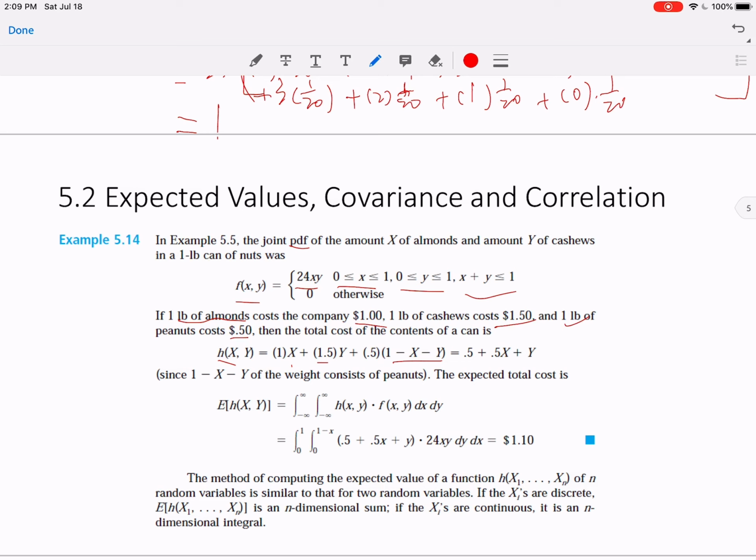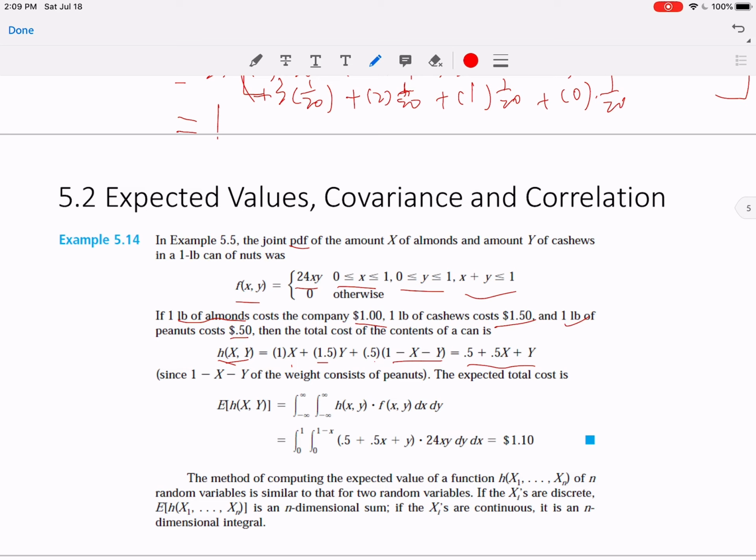So that's why the amount of peanuts is 1 minus x minus y. And the unit price of peanuts is 0.5. And then we add this all up. We have h of x, y is equal to 0.5 plus 0.5x, and then plus y.